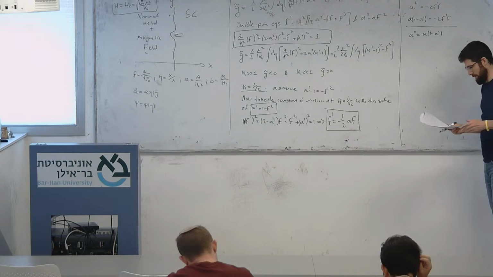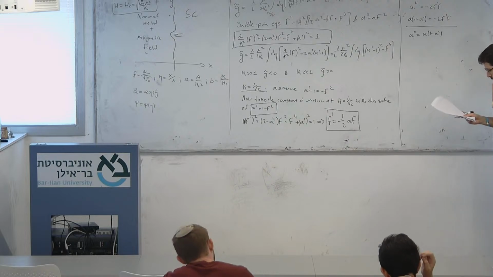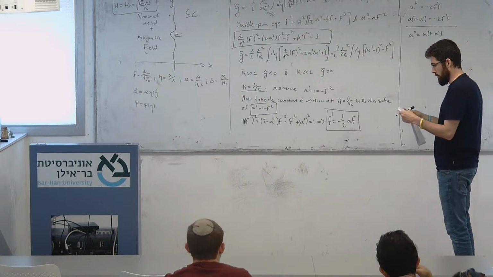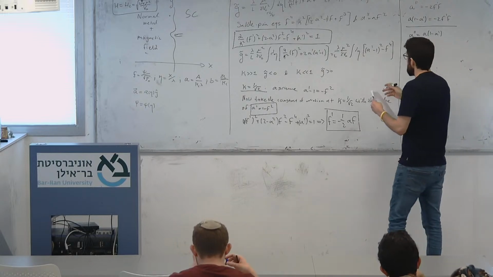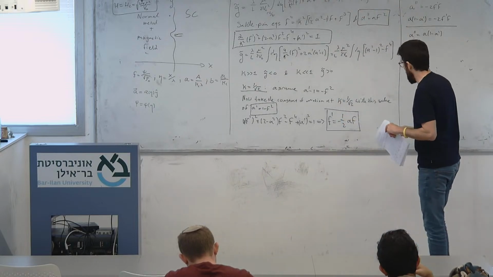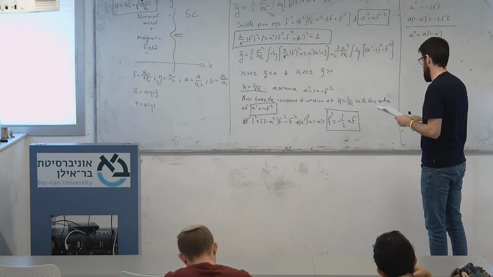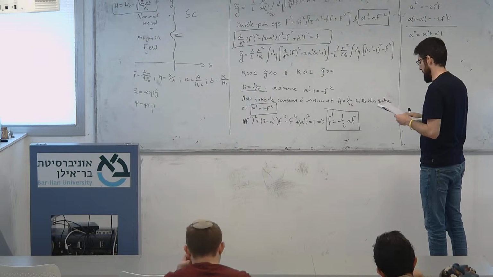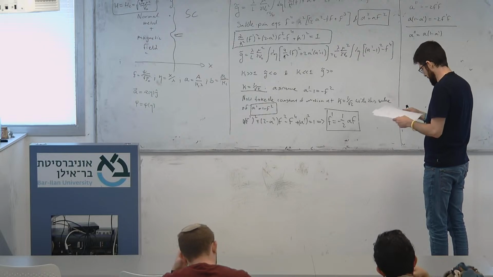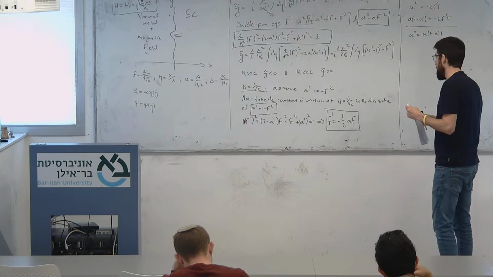But the point is that we can actually arrive at this equation independently, and I'll tell you how. All we need to do is use this equation, and a double prime f.